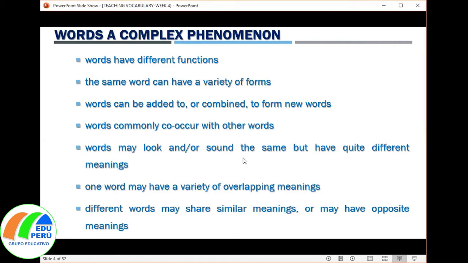You can place some words together. Some words are the same in spelling or pronunciation. Maybe some of them change meaning, others not. Also, words have different meanings according to the context that you're using. And also, some words share similar meanings or have opposite meanings. So notice all the different aspects that we could find in words.